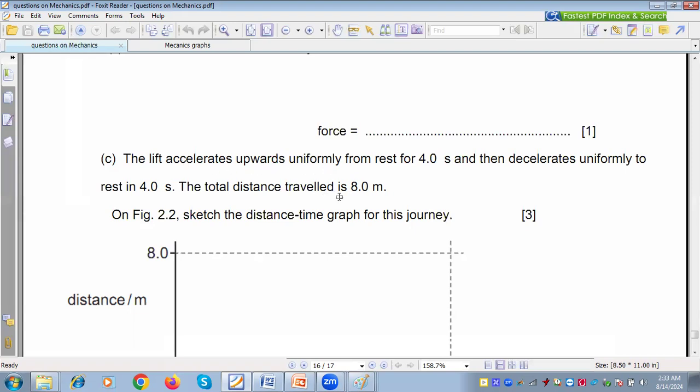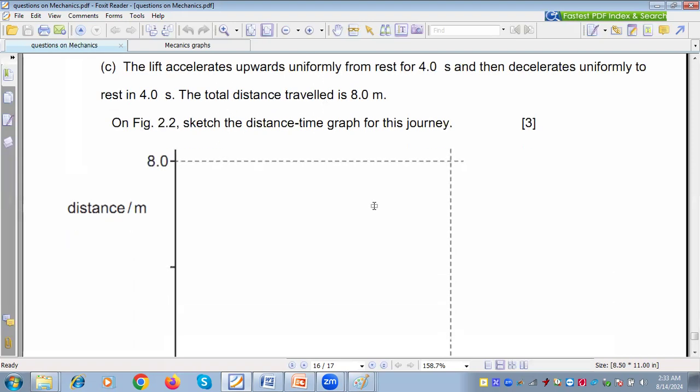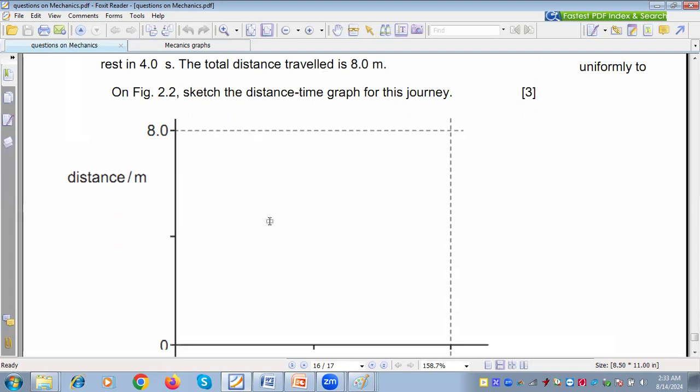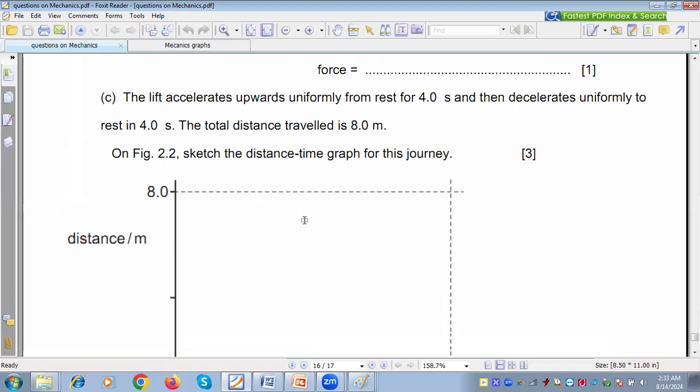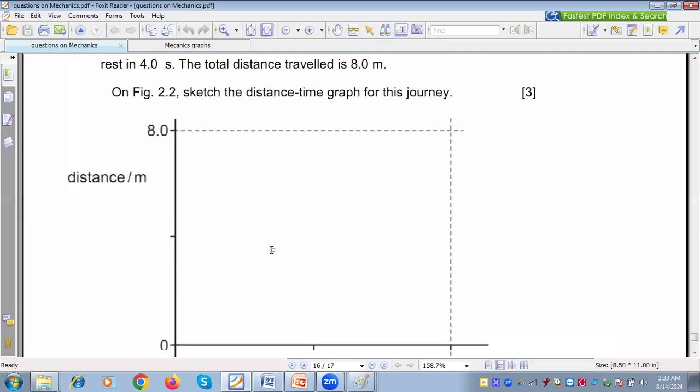The lift accelerates upwards uniformly for 4 seconds, then decelerates uniformly to rest in 4 seconds. The distance traveled is 8 meters. Okay, so first it accelerates uniformly, means straight line, and then decelerates uniformly. And this is a distance time graph, not the velocity time graph.